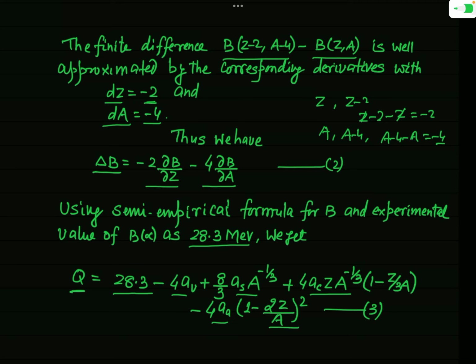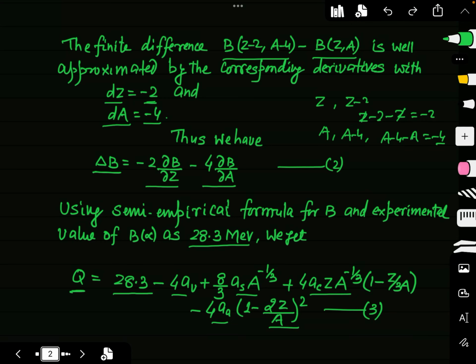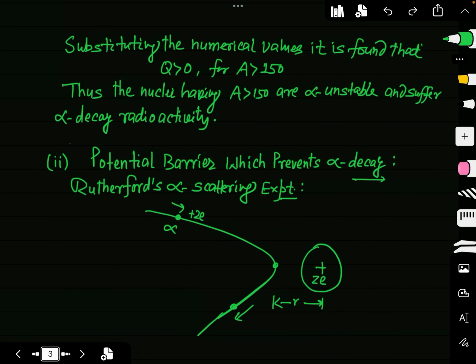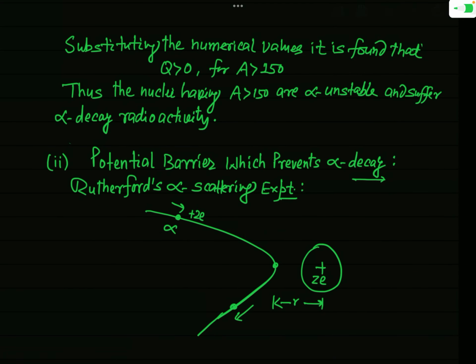Actually, when you put the numerical values of all the quantities appearing in this equation 3, it is found that the Q value of the process is greater than 0, that is positive, only when A is greater than 150.